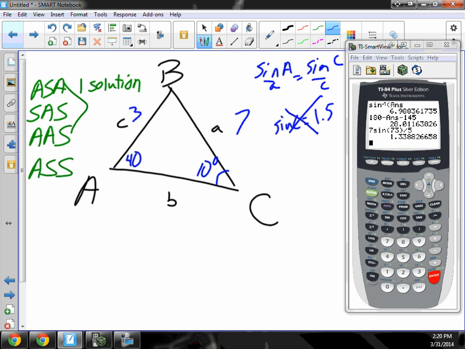But if the found angle is smaller than the original angle, then there's only one solution. And I'll show you why in a second. Once you have that, if I have a 40 and a 10, the other angle's easy to find, 130, and then little b is easy to find using the law of sines. Does that make sense to everybody?